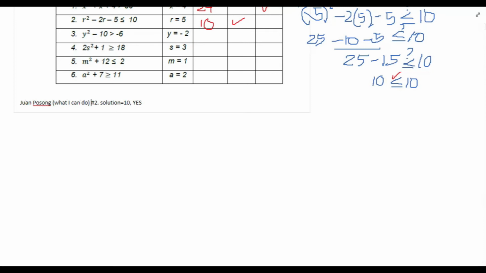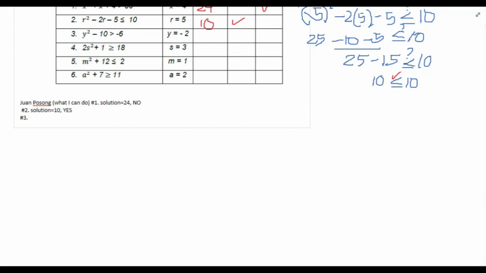For example, if this is number 1 and you want to write all the answers, number 1, and then number 2, solution equals 10, and the first one is 24, and no, yes. Okay, and then for the next, you can write number 3, same, solution equals. So you do it for the rest of the numbers 3 to 6.